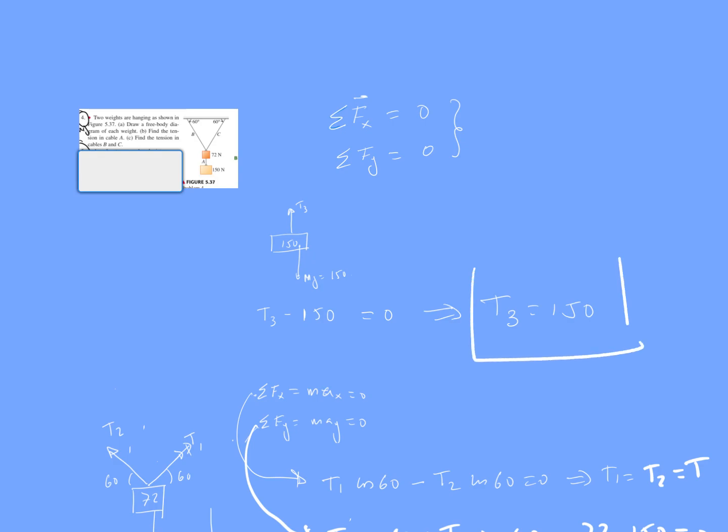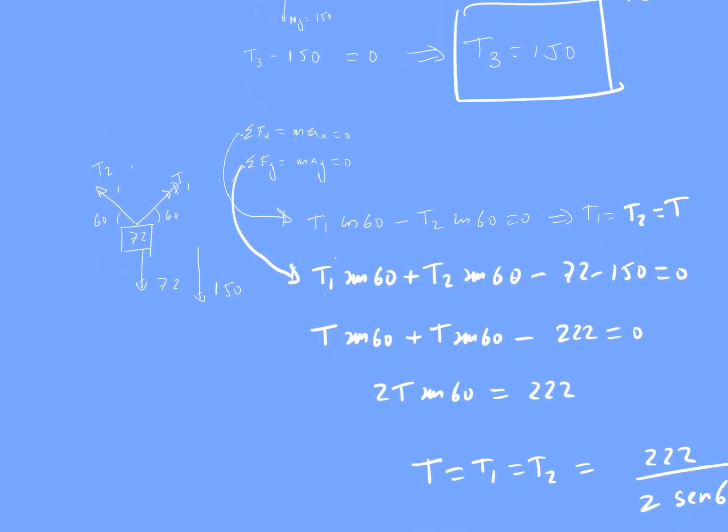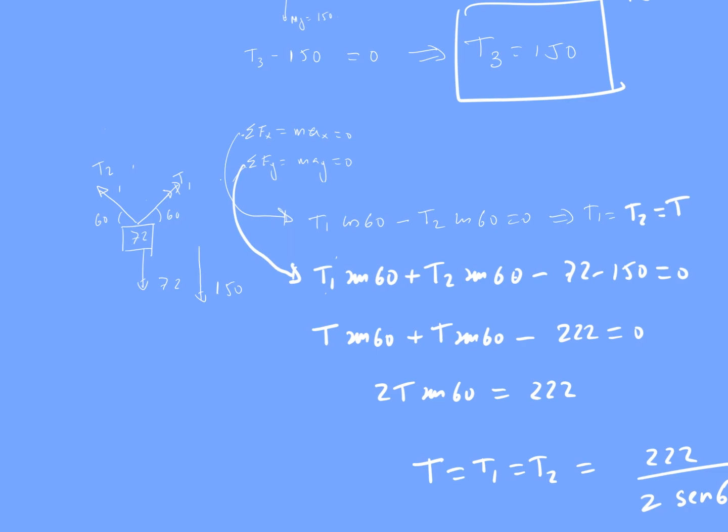We found the first force: T3 is 150 newtons, the force on the body of 150 newtons. This force is also acting on the body of 72. So we go now to the body of 72 newtons, which has a force of 72 newtons going downwards.